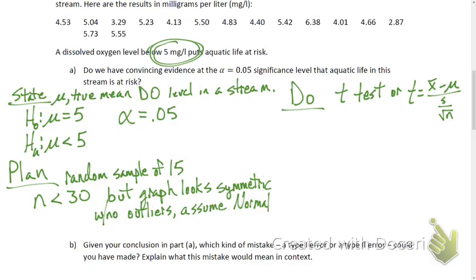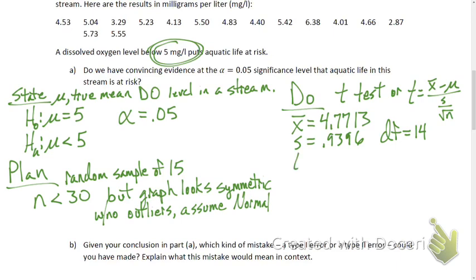All right? So we get X bar of 4.7713. S is 0.9396. Degrees of freedom was 14. N minus 1, 15 minus 1.